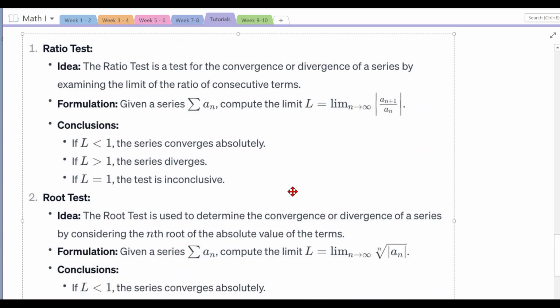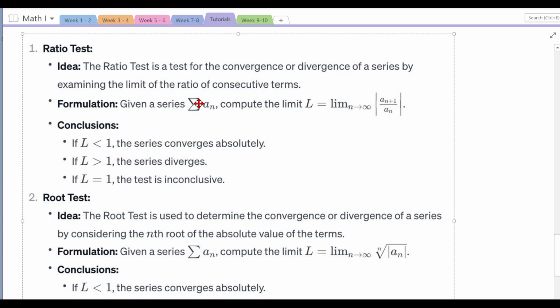Just briefly, for the ratio test, the idea is that it is a test for convergence or divergence of a series by examining the limit of the ratio of consecutive terms, meaning the second with the first, the third with the second, and so on. The formulation for the ratio test is given for a series, the summation of a sub n.